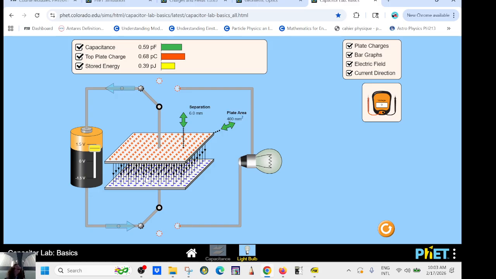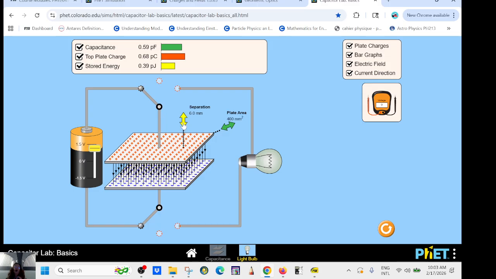So it makes sense that for a parallel plate capacitor, the capacitance is proportional to the area. If you multiply the area by 10, the capacitance will be multiplied by 10. If you multiply the area by 2, the capacitance will be multiplied by 2. This is true for a parallel plate capacitor, the capacitor you are using in electronics.